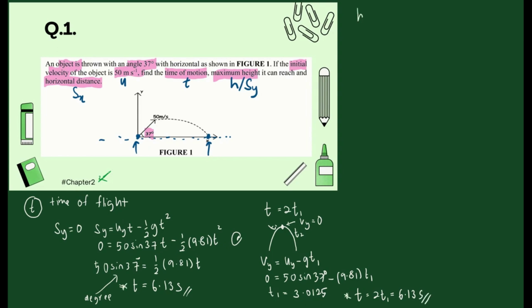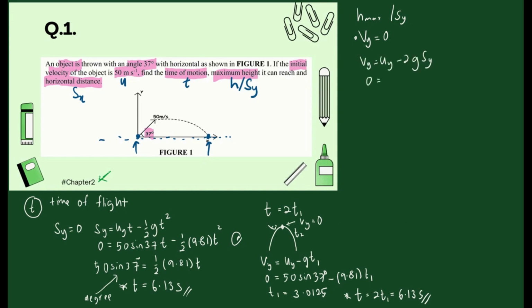Next, to find the maximum height, or the symbol is SY. Again we are applying the information that at maximum height our Vy is equal to 0. Then we are applying the equation Vy squared is equal to Uy squared minus 2 G SY.